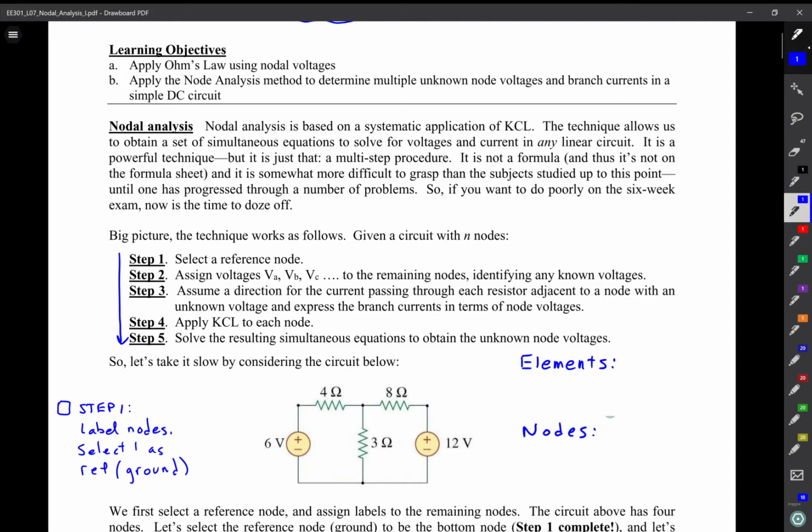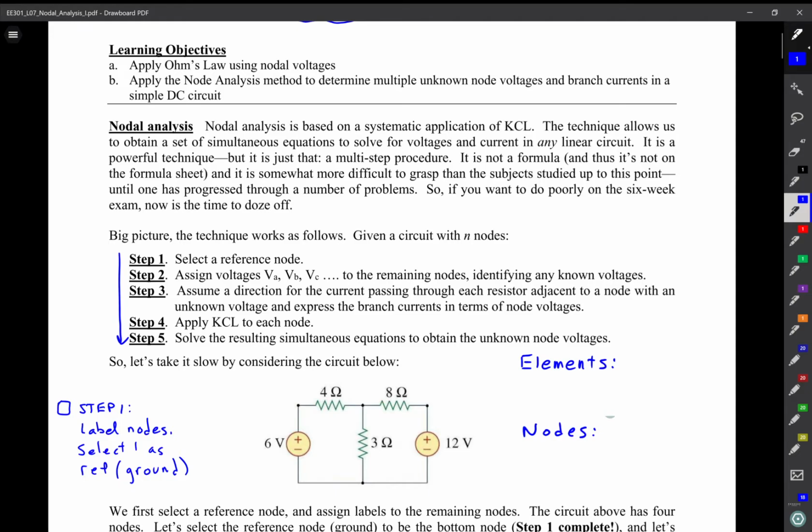Now we think of that node as a single electrical so-called location, or it could be a point or a line in this circuit, and it has the same potential or voltage. The locations occur between at least two elements, and these lines between elements represent perfectly conducting wires.